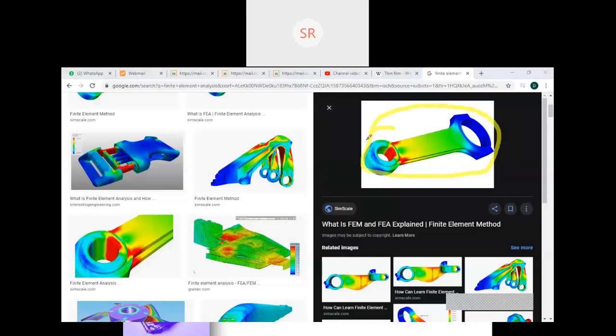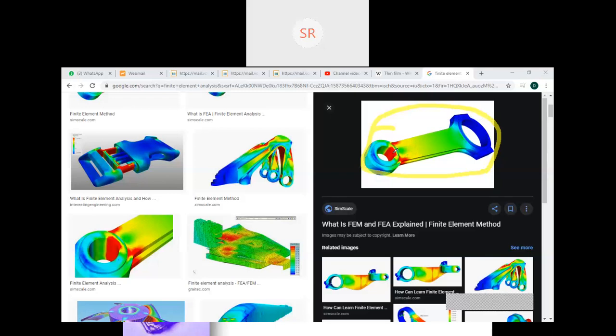Okay. So now they have done the finite element analysis of this. You can see there's a blue color, and somewhere here it is red, and somewhere here it is nearer to yellow color. During the analysis, this blue color indicates it is safe, and this red color indicates danger.